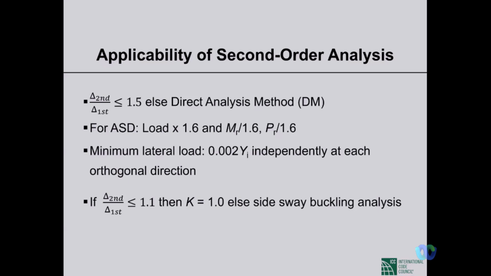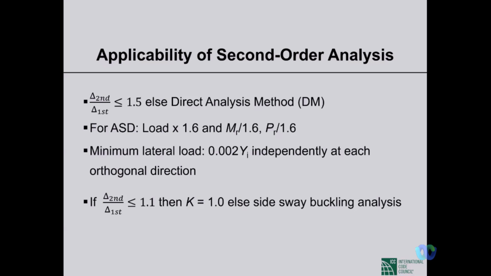All the other things are quite straightforward. Even in the second order analysis, we have to consider a minimum lateral load of 0.002 Yi, where Yi is the gravity load at a certain ith level.